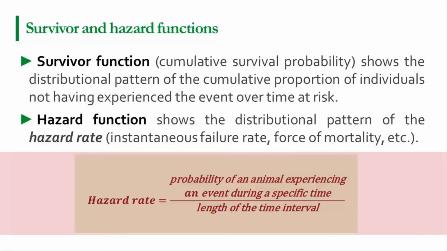Both methods can include in their calculation also the animals which did not experience the event of interest. So unlike the mean, for which we could calculate only the time of the animals which had experienced the event, in this case we can calculate the time also of the animals not having the event of interest.